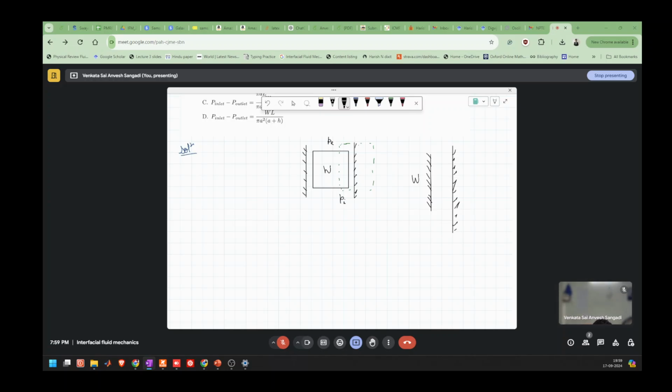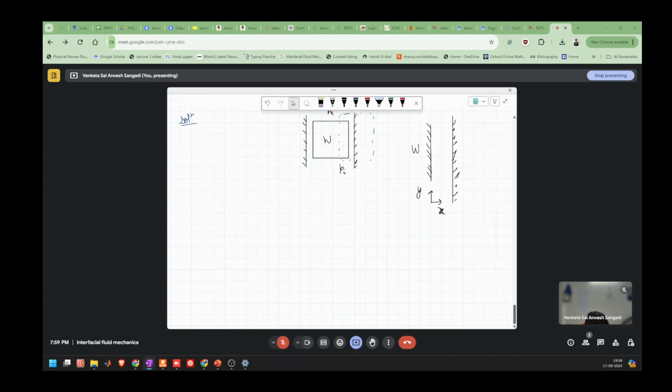Let's take the axis to be here, as this can be simplified into a 2D problem, as it's symmetric about the axis. So we assume there to be symmetry, and this is a very thin gap. So it's a 2D problem. We'll simplify it as a 2D problem.